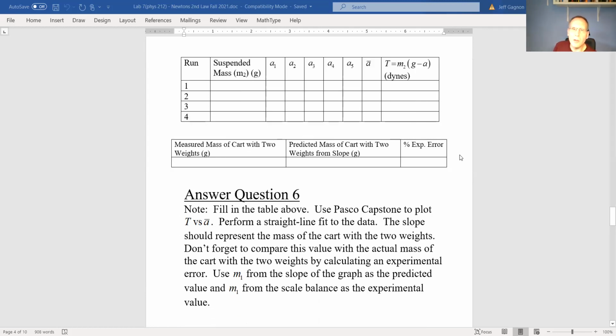Okay, so fill in that table, calculate the average acceleration, calculate the tension in the string. Now what you're going to do is plot tension versus acceleration. So tension is on the y-axis, acceleration is on the x. All right, let me outline this on the iPad.